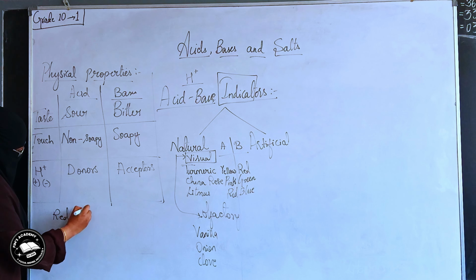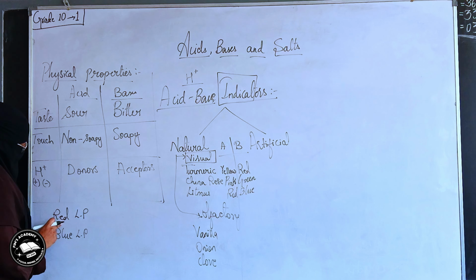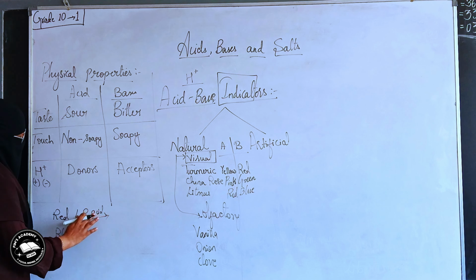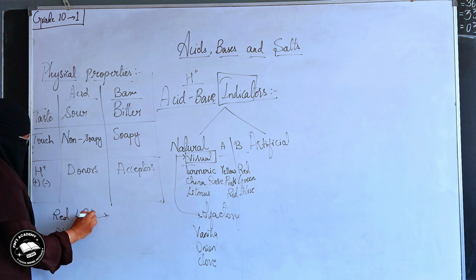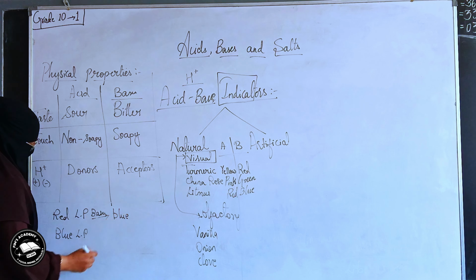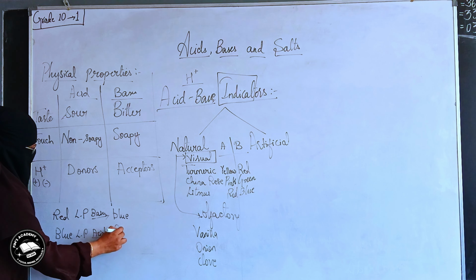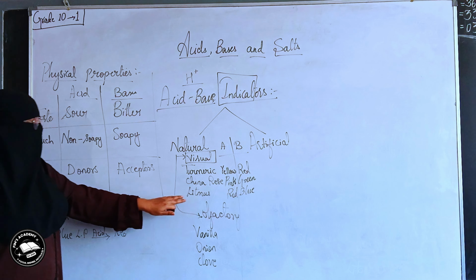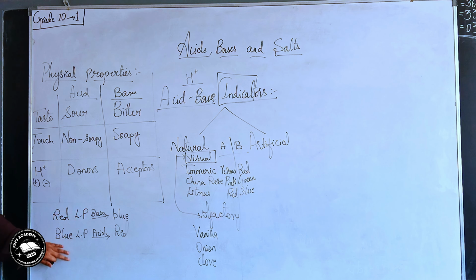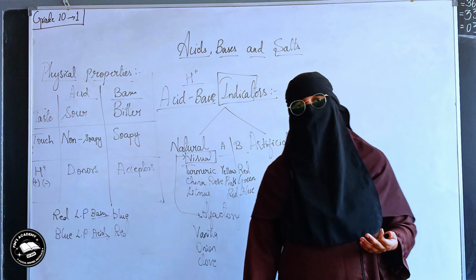One is red litmus paper, another is blue litmus paper. Red litmus paper, whenever it comes in contact with acid, will remain the same. But the moment it comes in contact with a base, it changes its color to blue. And the blue litmus paper, once it comes in contact with an acid, changes its color to red. So either litmus solution or litmus paper can show these results to indicate whether the given substance is an acid or a base.